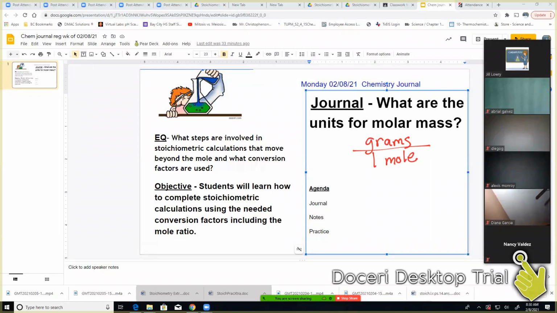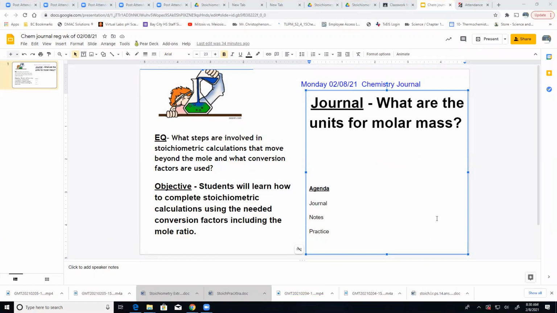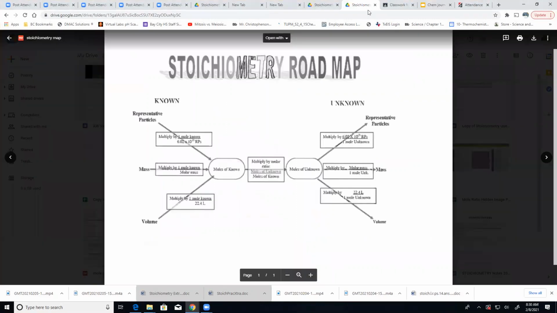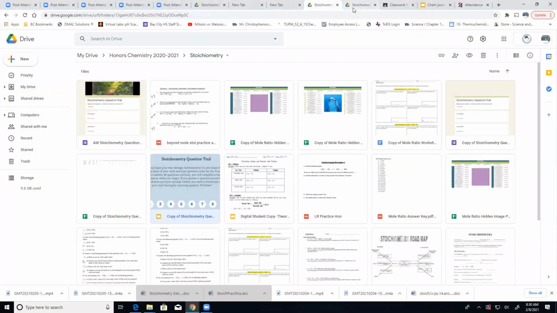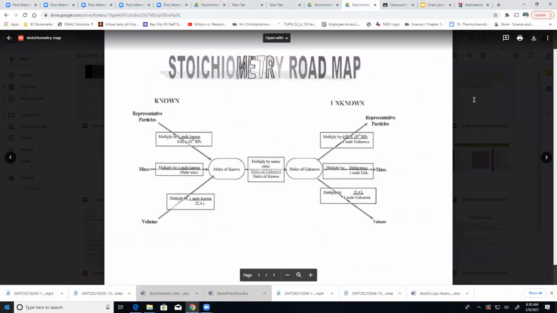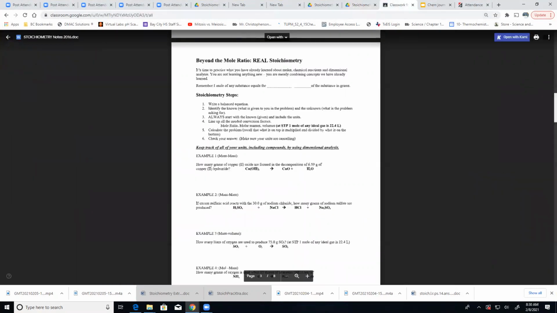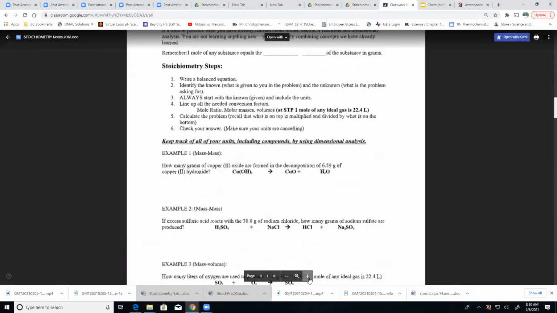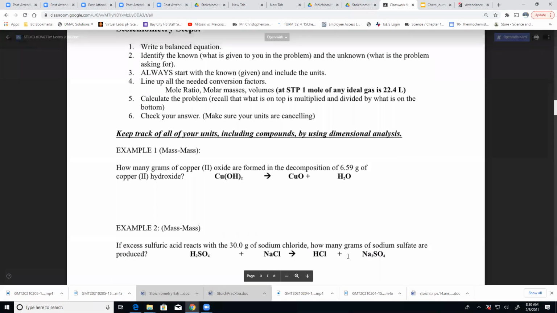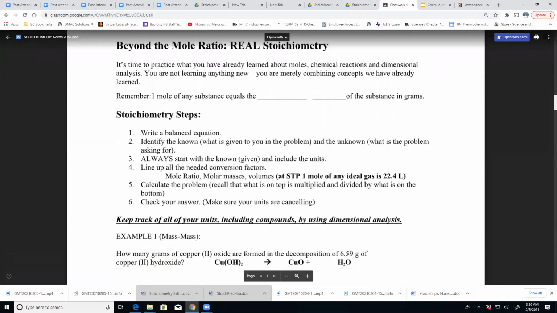All right, so if you'll look at your notes first, we're going to do a little bit in there, not too much. All right, we were right here. Beyond the mole, real stoichiometry.